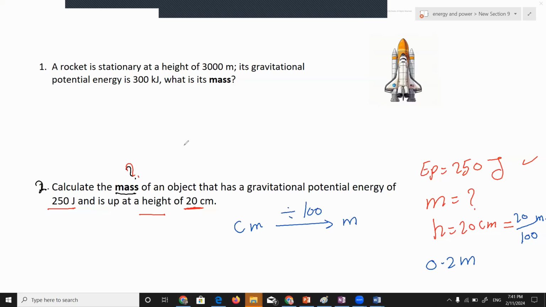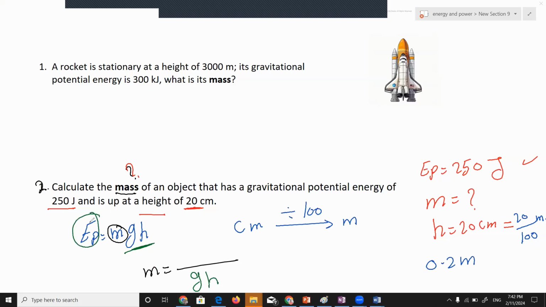So what is the formula? We have gravitational potential energy equals mgh. He asked about the mass, as I told you, so the mass equals everything within the mass will go down. So g and h go down, and the other side will be up.